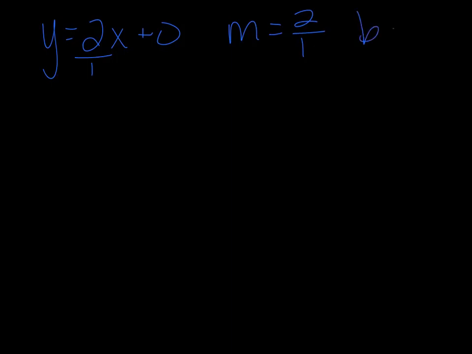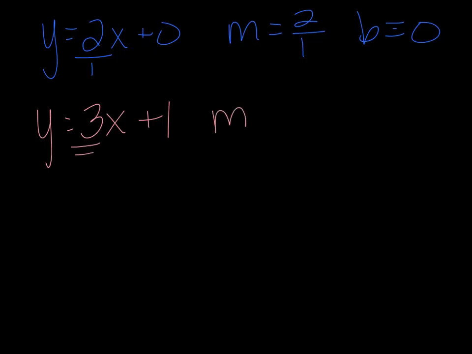And then our b would be 0. That's where the graph is crossing the y-axis. If we had y equals negative 3x plus 1, our m is negative 3 over 1, and our y-intercept is positive 1.